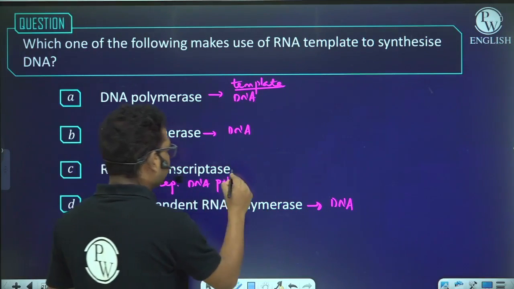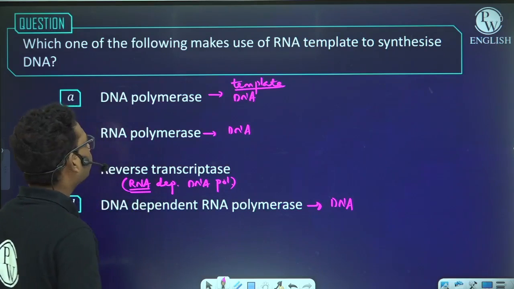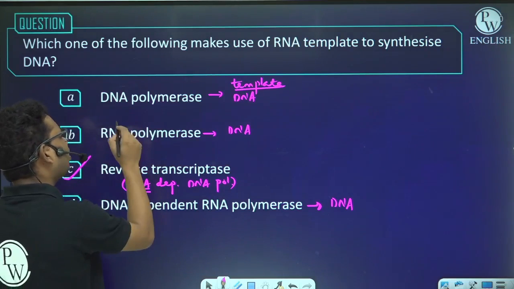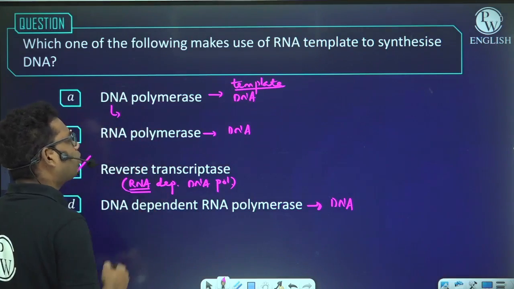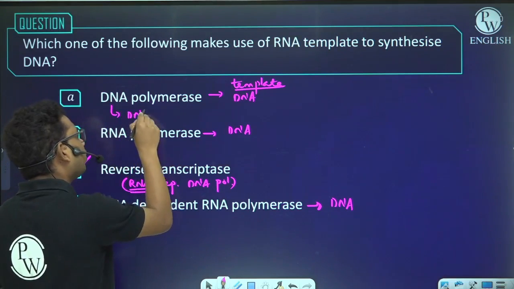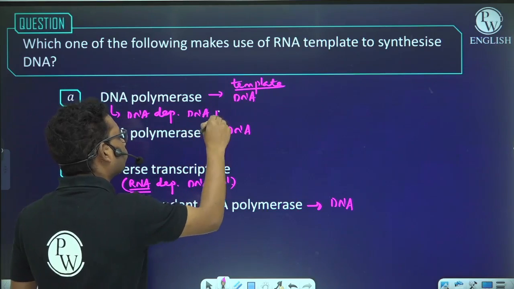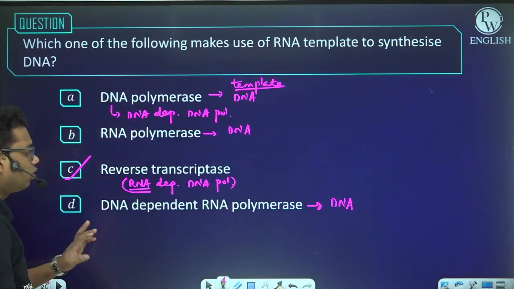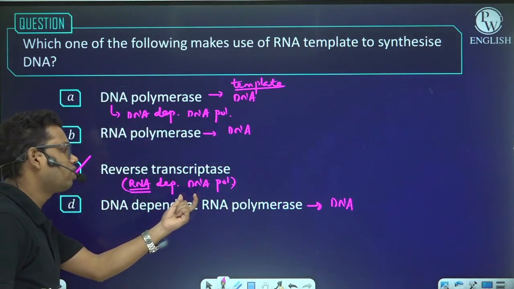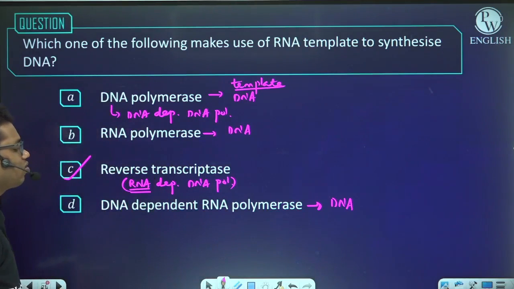So this is the answer. When it is simply written DNA polymerase, that means it is DNA dependent DNA polymerase. When RNA dependent DNA polymerase is given, that means you have to consider reverse transcriptase.